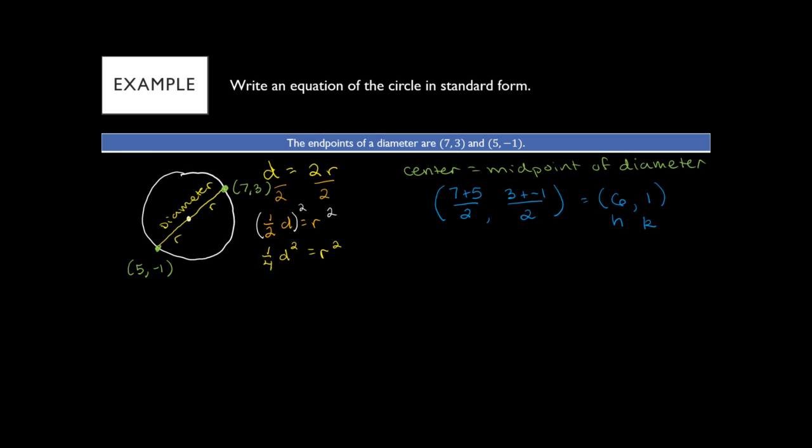So d here, the diameter, is the distance between our 2 points. So I'm going to write the distance formula up here. The distance formula is the square root of x2 minus x1 squared plus y2 minus y1 squared.